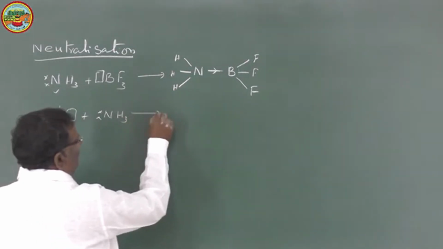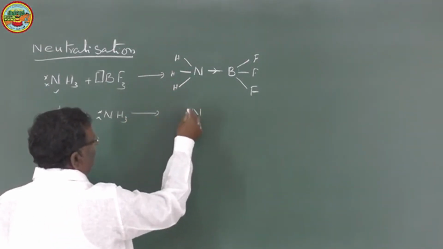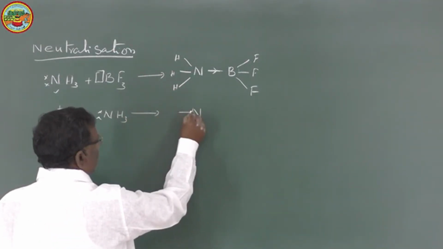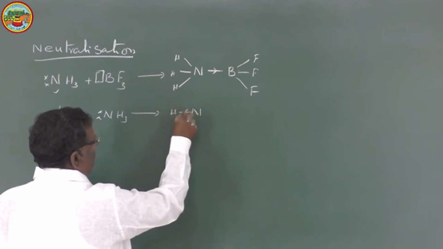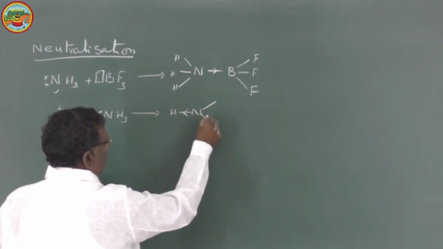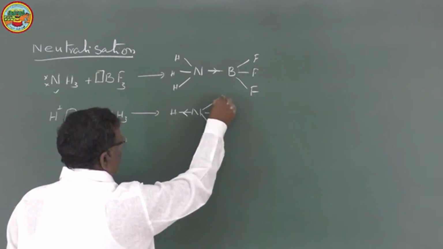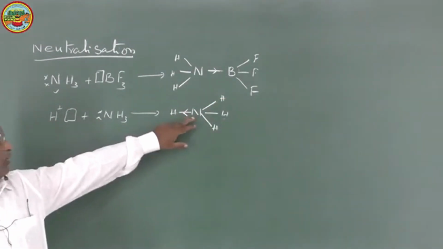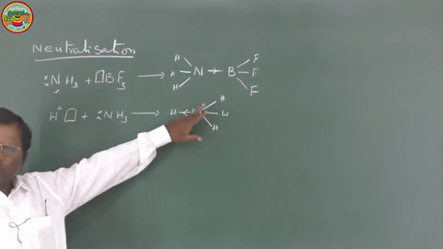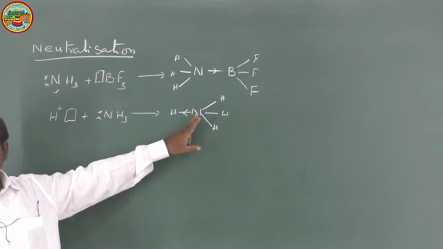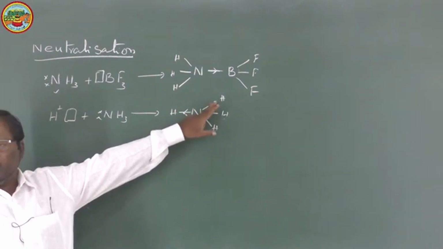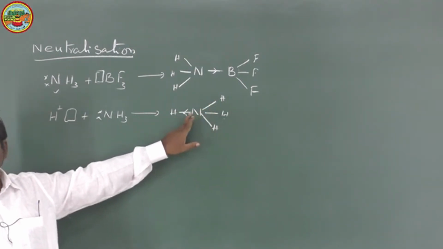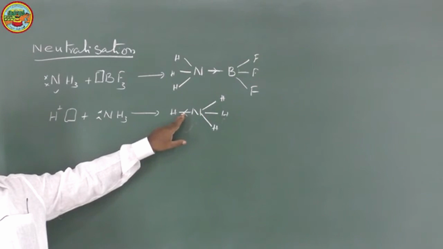Now in NH4 plus, nitrogen forms four bonds and the octet is completed. Three NH bonds are covalent bonds and one NH bond is a covalent coordinate bond.